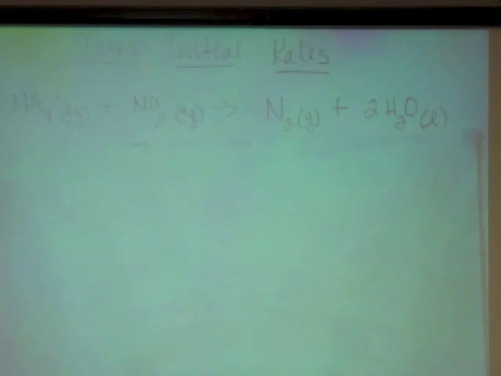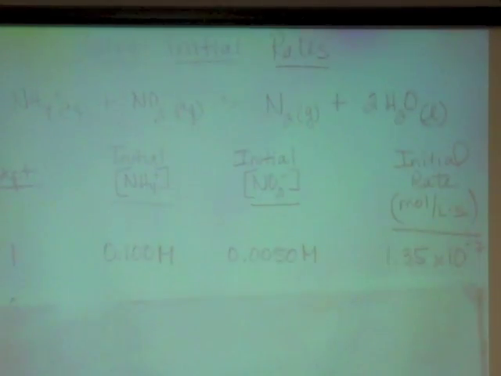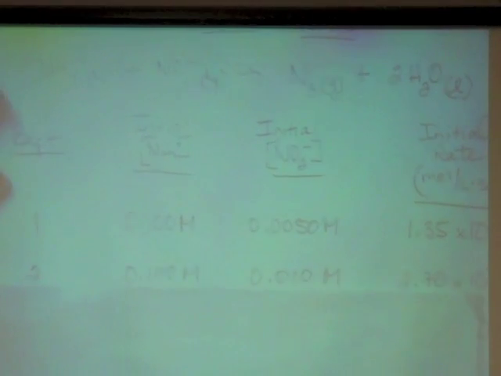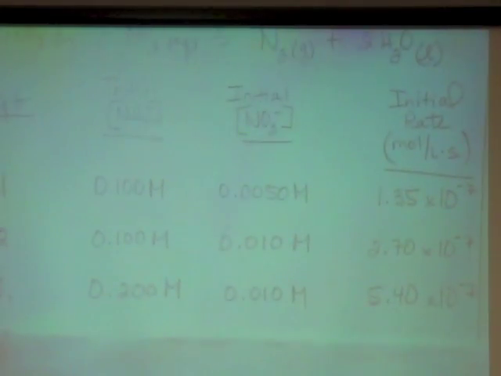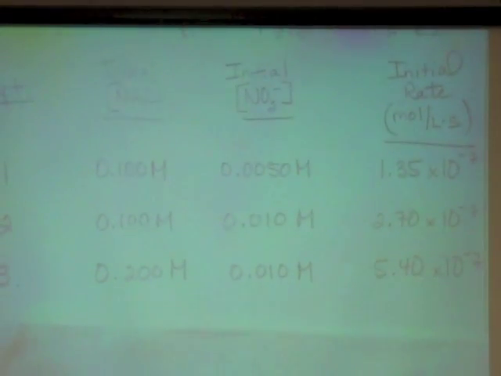Now, so that this isn't a movie that takes forever, I want you to pause right now and copy down this data. Pause the movie and copy down this data.